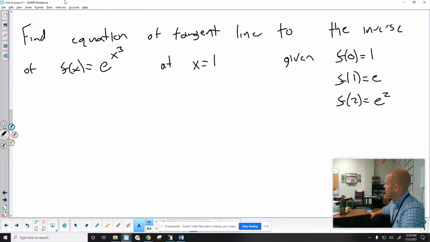Okay, different question. Find the equation of the tangent line to the inverse of this function at x equals 1. Here are some points: 0, 1, 1e, 2, e to the 8th.